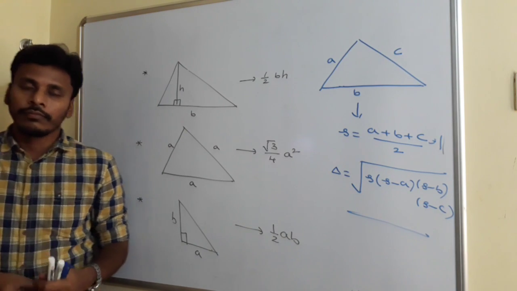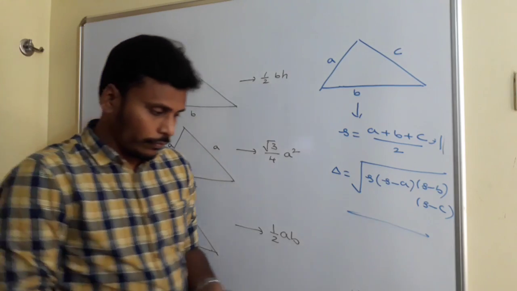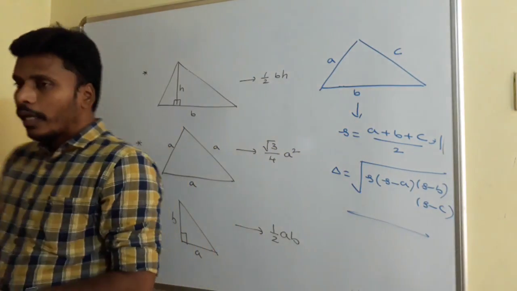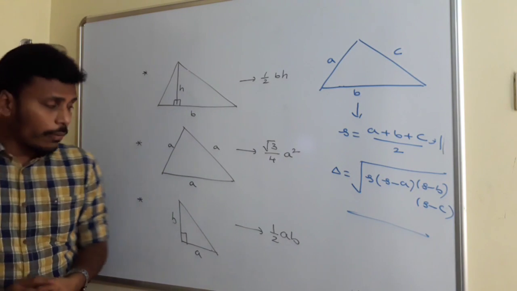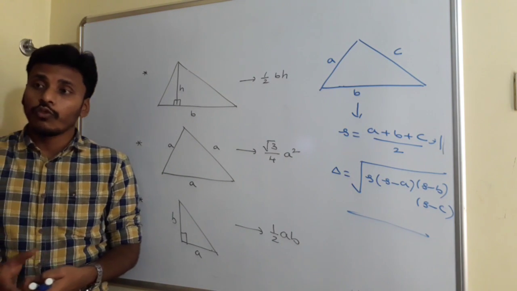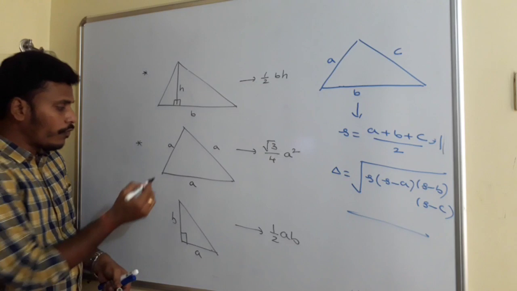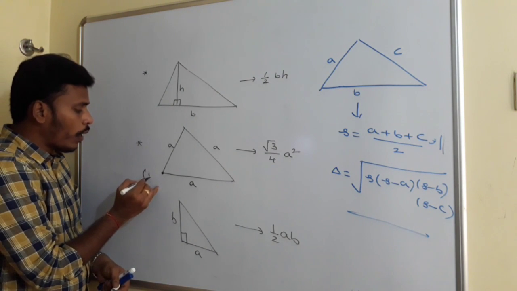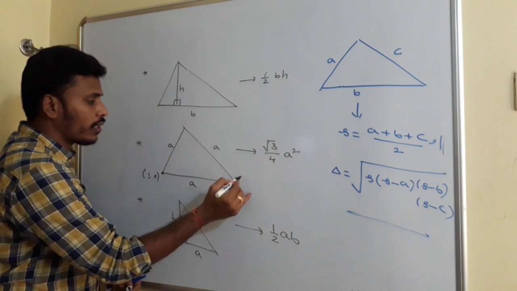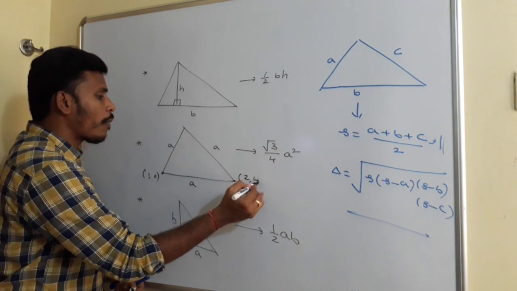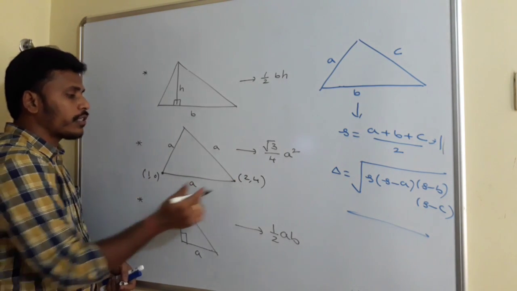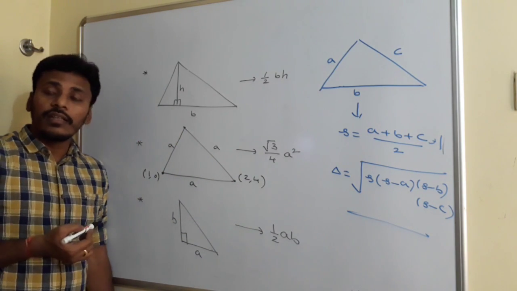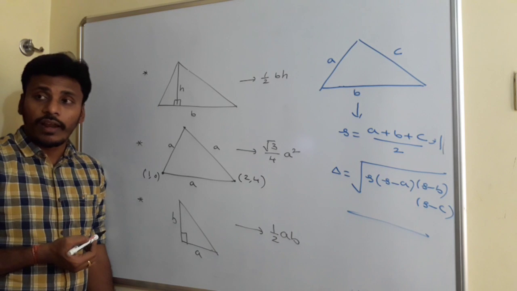Just have a look. For example, if it's an equilateral triangle, instead of 3 vertices, they may give you only 2 and ask you to find the area. For example, if this vertex is 1 comma 0, and this vertex is 2 comma 4, and I don't have the third vertex, but still they ask you to find the area of the triangle.